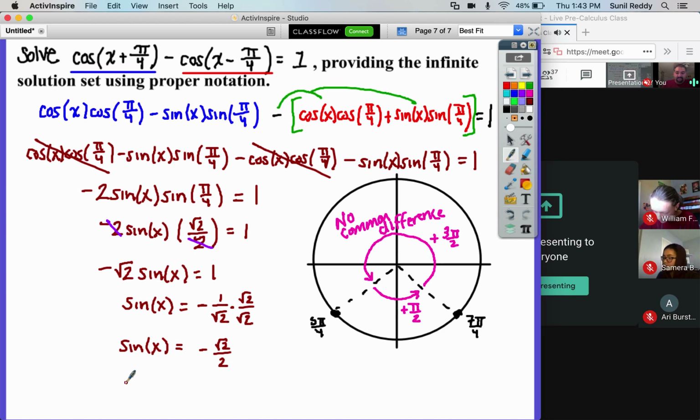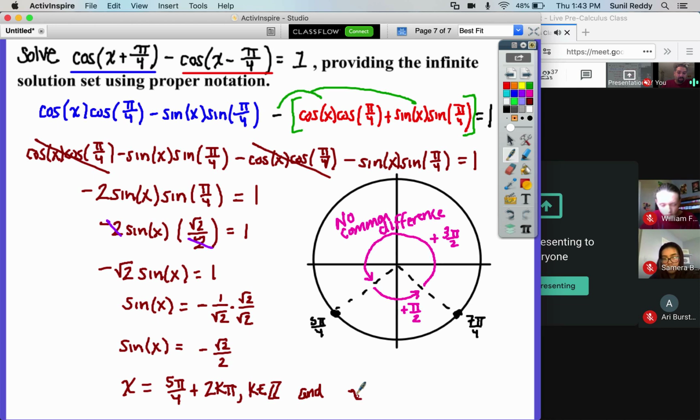So to finish this, I now know that x equals 5 pi over 4 plus whole integer multiples of full circles to get back to that quadrant, so plus 2k pi, where k lives in the set of integers. That takes care of all of the quadrant 3 answers.